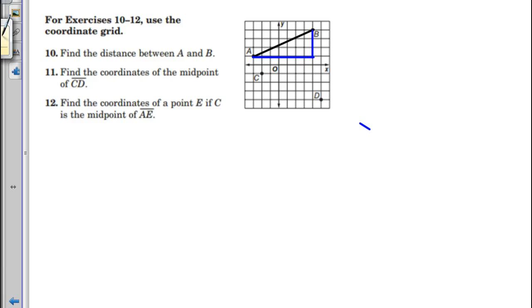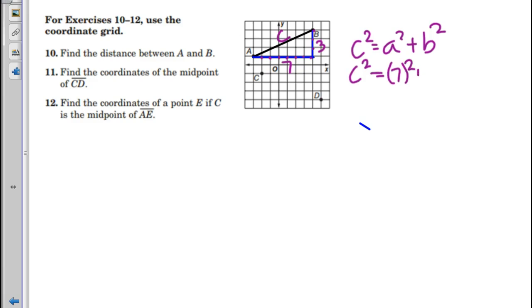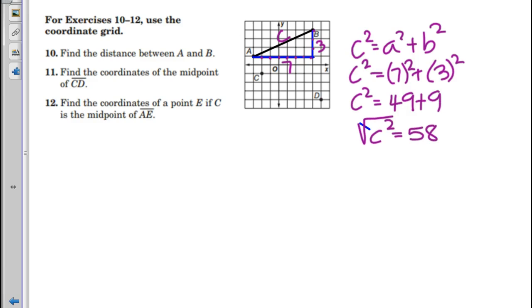So that means over I have 1, 2, 3, 4, 5, 6, 7, and up I have 1, 2, 3. So I can plug that into c squared equals a squared plus b squared. I don't know c, that's what I'm trying to find. 7 squared for the x plus 3 squared for the y. 49 and 9, so c squared is 58. And to finish, I have to take the square root of both sides. So c is the square root of 58, and you can just leave it just like that.